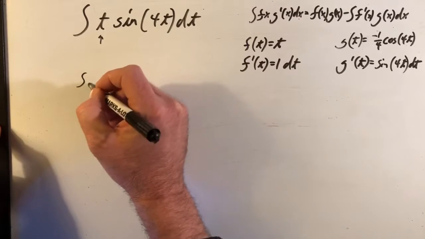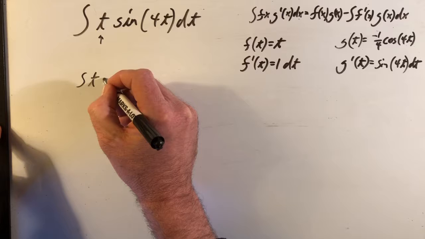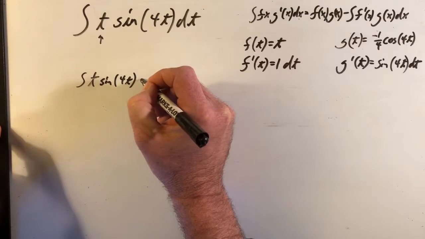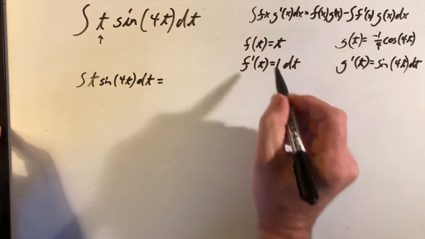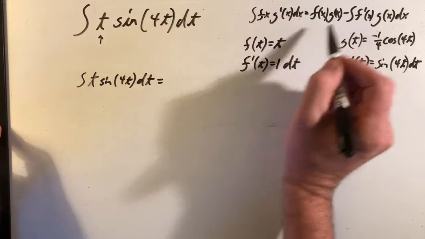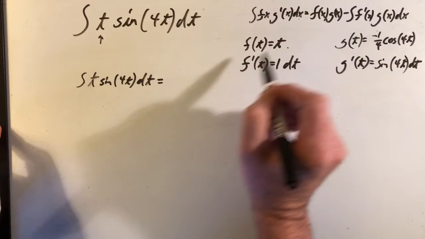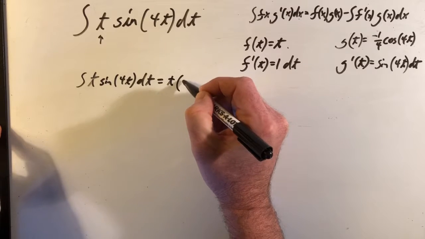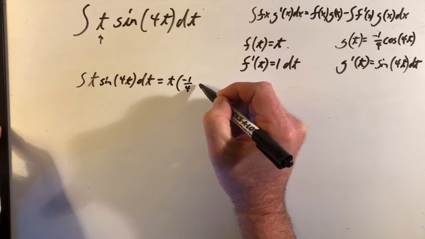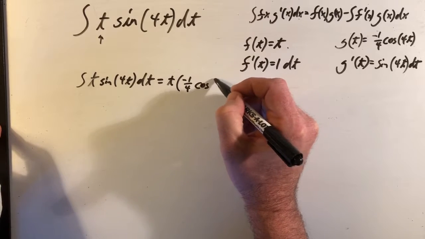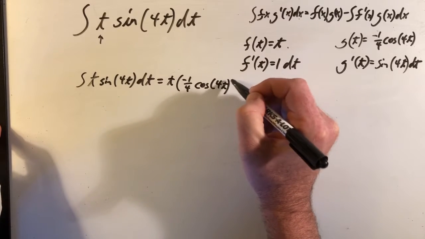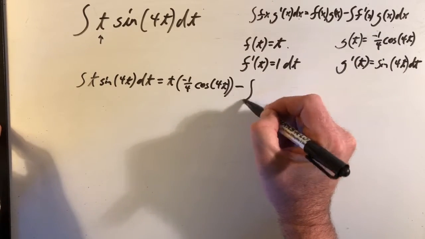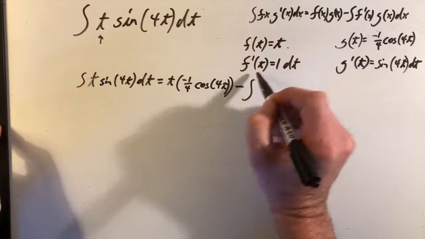So let's go on with inserting this into our equation. So the integral of t sine 4t dt is going to equal, I'm going right up here, f of x and g of x, or f of t and g of t. So I'm going to have t times negative 1/4 cosine 4t, and that ends that, minus, and then the integral of this derivative right here.